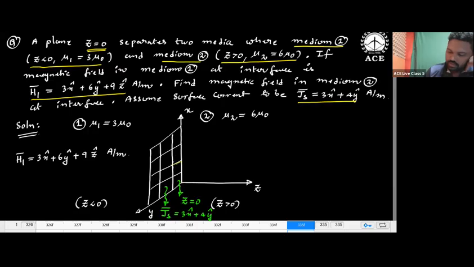Normal from 1 to 2 is z cap, beta. Clear? So what are the tangential components here? X and Y are tangential components. So here it is HT1. This is a normal component, HN1. So I'm going to turn the page here.